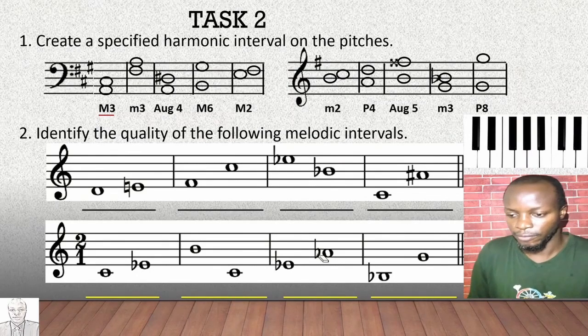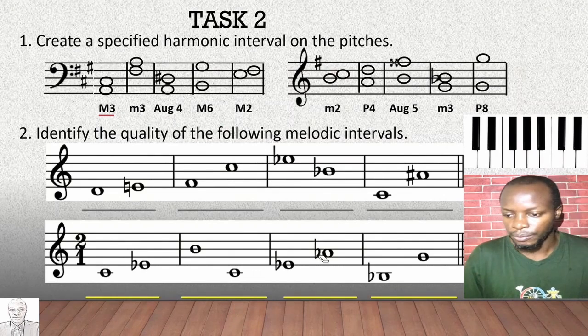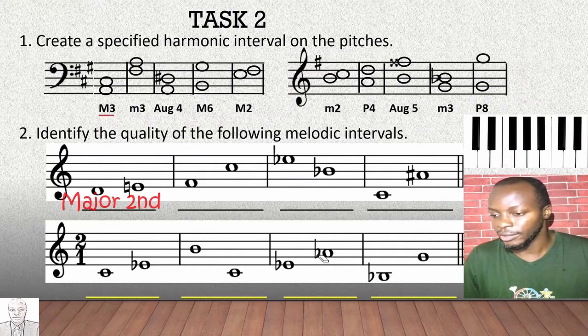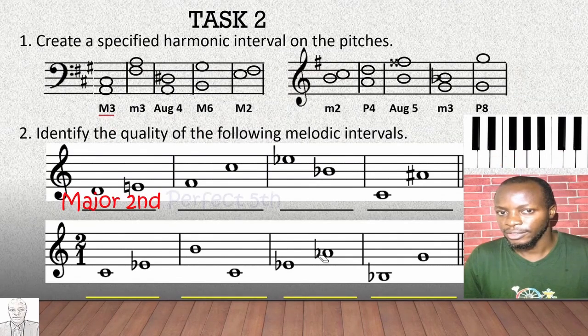So we have the first one from D to E natural. That's a major second, right? From D to E natural is a major second. Now from F to C, right? That's a perfect fifth.